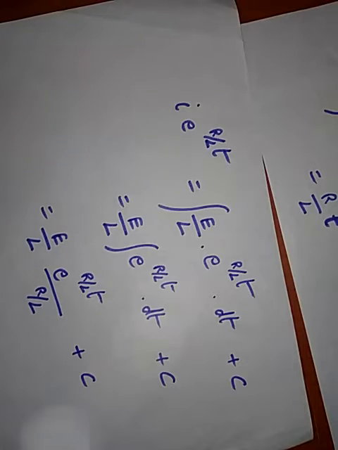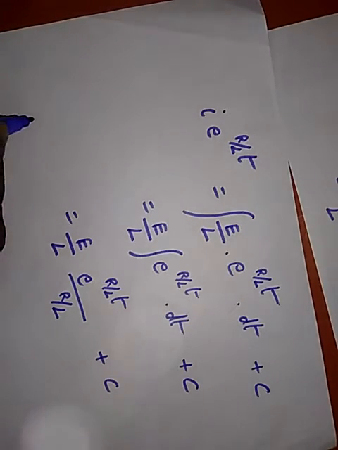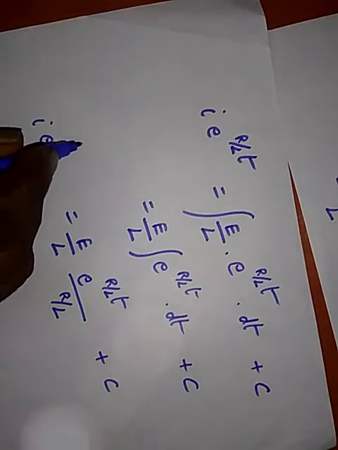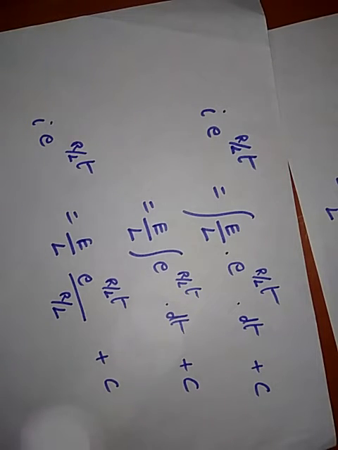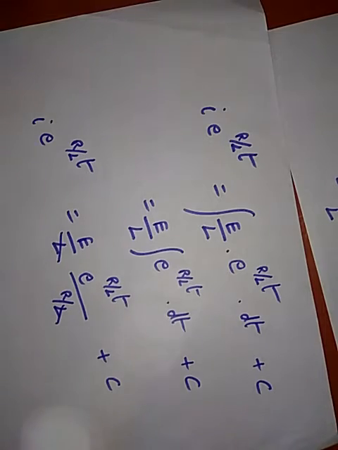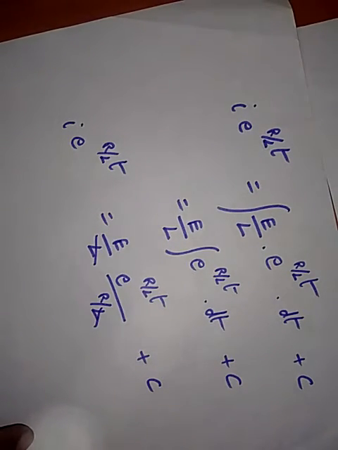The left-hand side will be I e power R by L t. Now if you see, this L and this L get cancelled out.